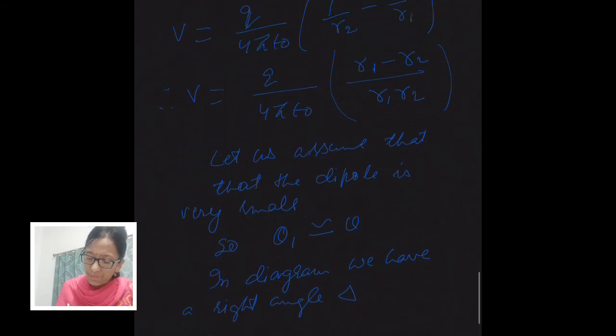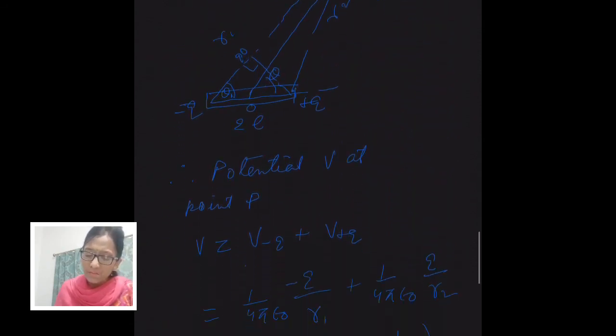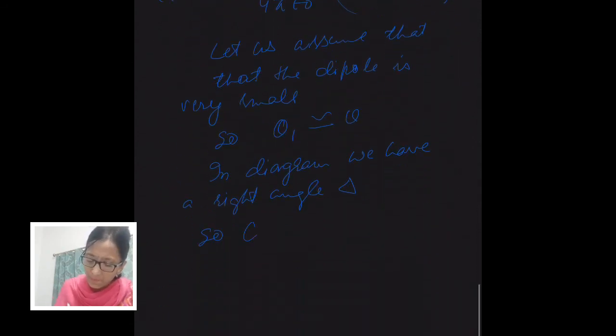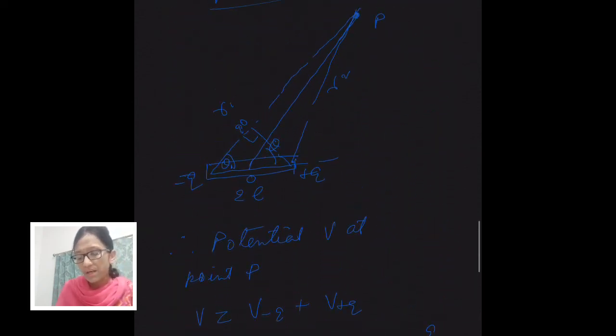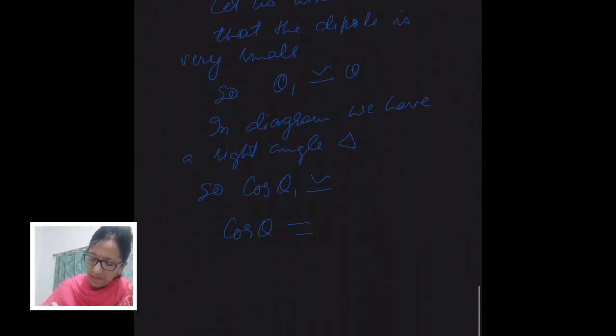So cos theta 1, which is nearly equal to cos theta, is base divided by hypotenuse, and this base is equal to r1 minus r2.